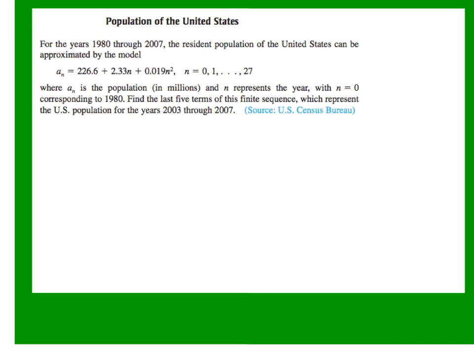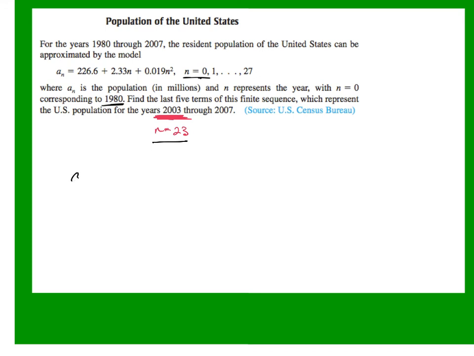All right, so we're not going to find all of them. However, let's just talk about 2003. What would n be for 2003? 23. All right, because 1980 starts with 0. All right, and so 2003 would be n equals 23.